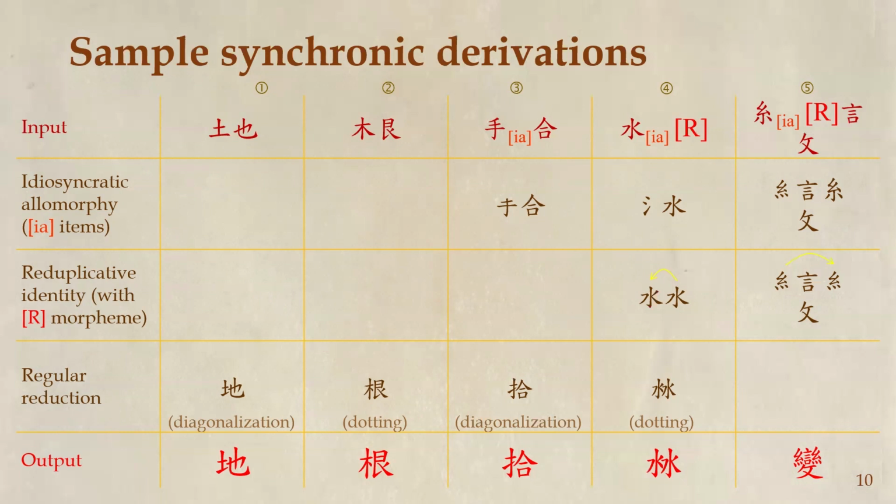And then you finally have regular reduction, applying to whatever's relevant to it. And you can see the reduplication stage in column 4. You get the copying of the base to the reduplicant on the left, which is a normal way of reduplicating. But in column 5, you get the reduplication the other way. So the allomorph itself is forcing or triggering identity in the base, and that's got to be lexically marked in that component as well.